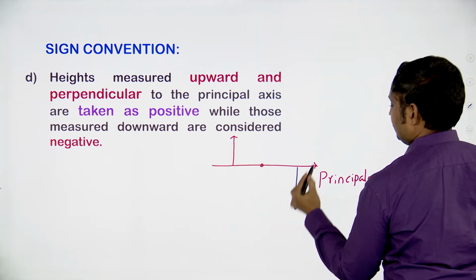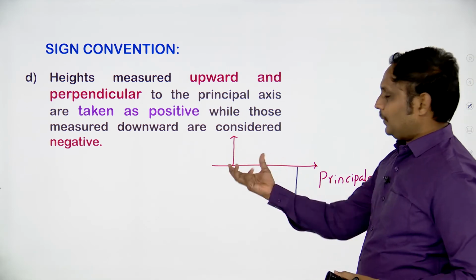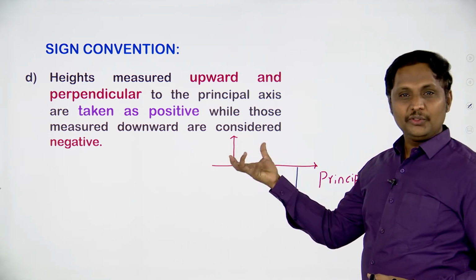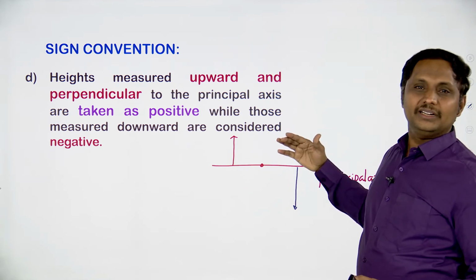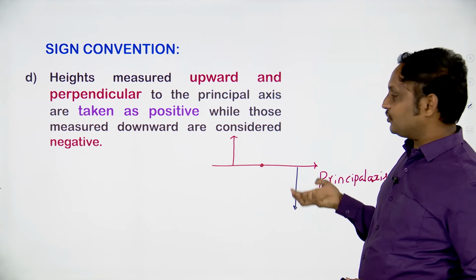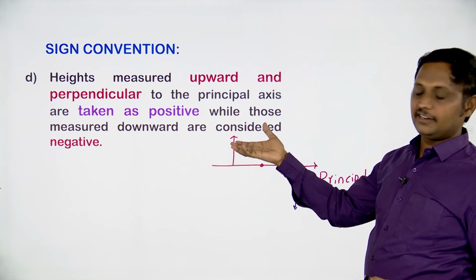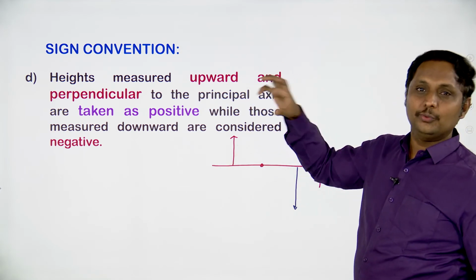This is below the principal axis. Depending on the position, its magnitude is going to be high or low. It's very clear, but it is going to be positive or negative. The perpendicular distance above the principal axis is going to be positive.